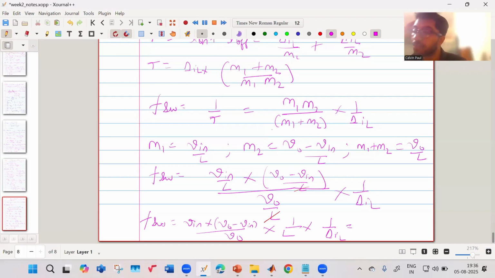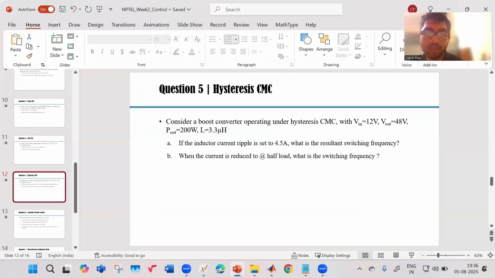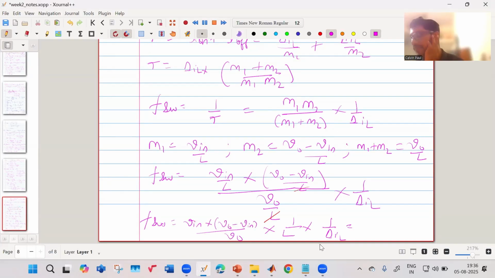So can you find the values? V input is 12, V output is 48. L is given to be 3.3 microhenry. Okay, delta IL is 4.5 ampere.